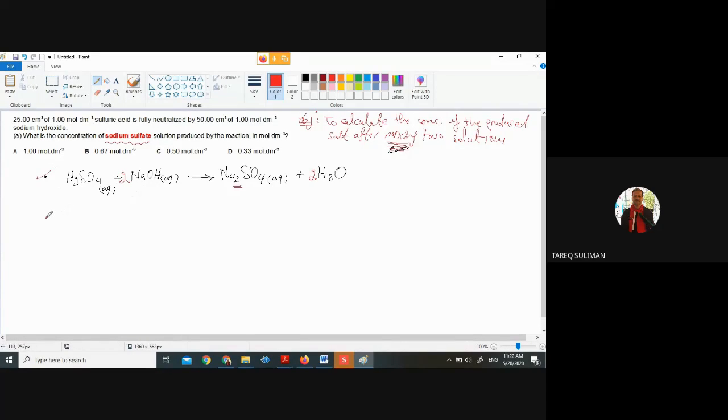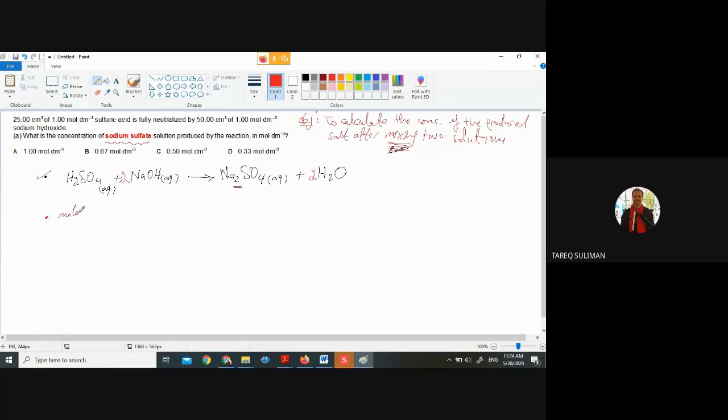What is the second step always? Yes, the number of moles of sulfuric acid. Calculate the number of moles of the substance whose concentration and volume are given. So moles of what?